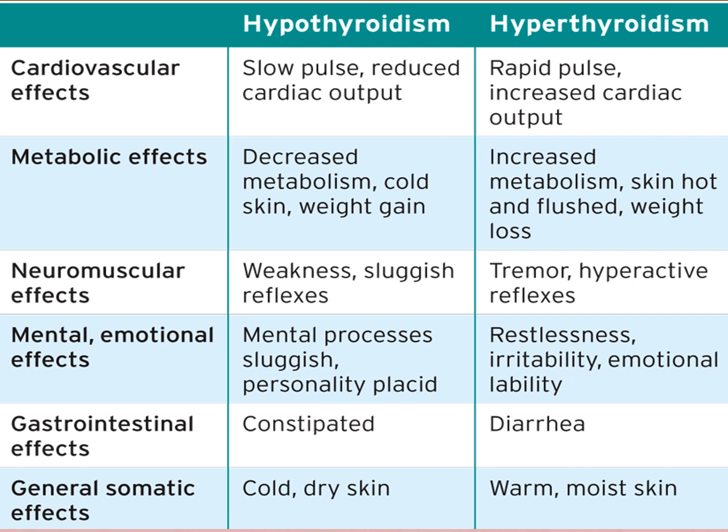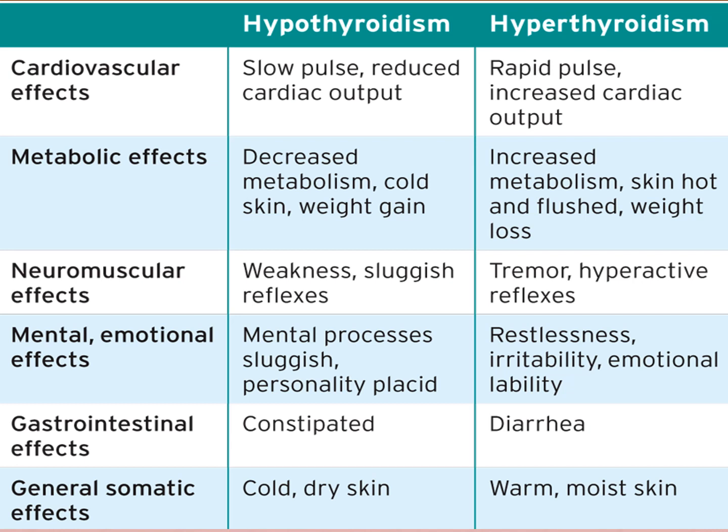So you're going to have a slow pulse, reduced cardiac output. Easy to gain weight then, and you have a cold intolerance. You're just kind of cold. It can go all the way to where you're hypothermic. Sluggish, weak, slow reflexes, constipated.